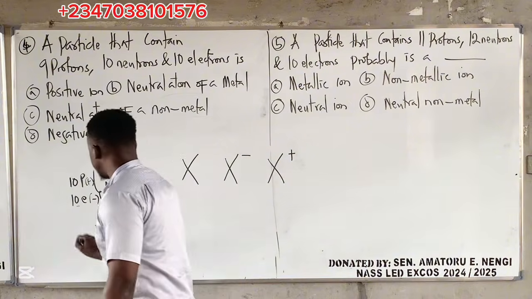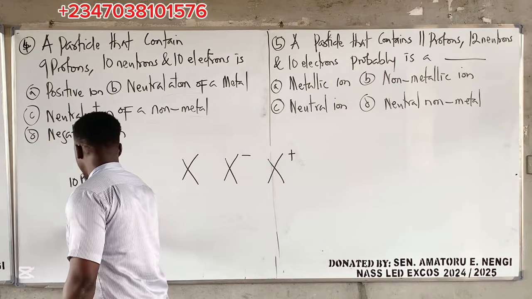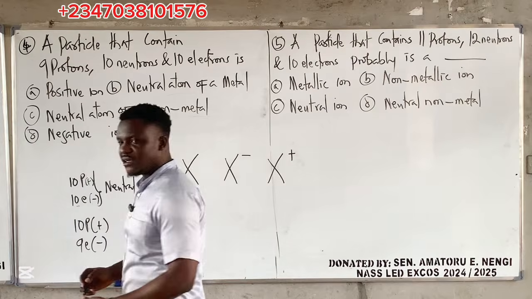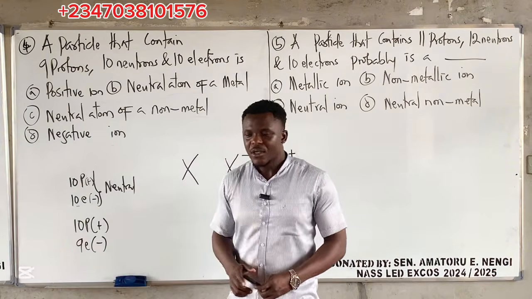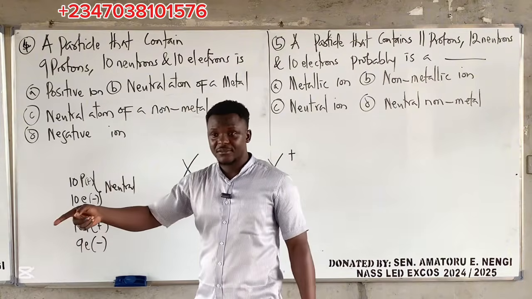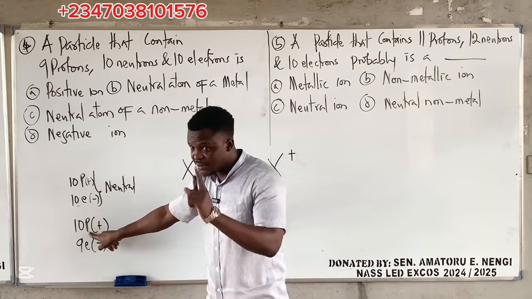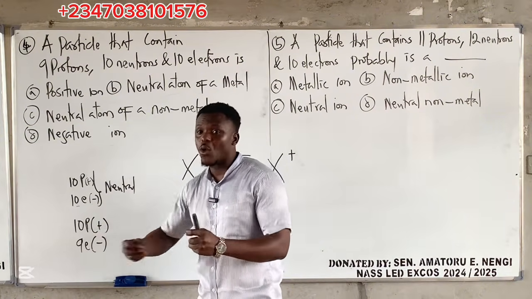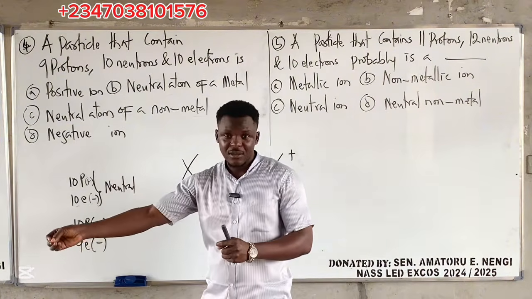But anytime you have something like 10 protons, positive charge, and 9 electrons, negative charge, they are not the same. If you subtract 9 from 10, 1 will still remain. So anytime proton is higher than electron, that atom will be positively charged, right?